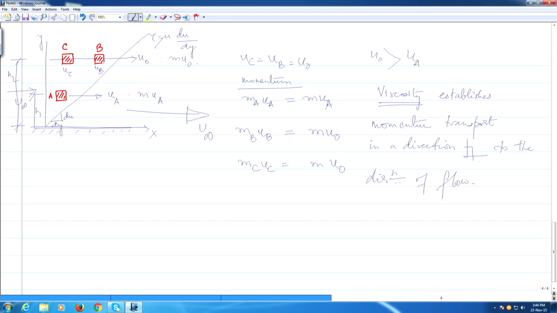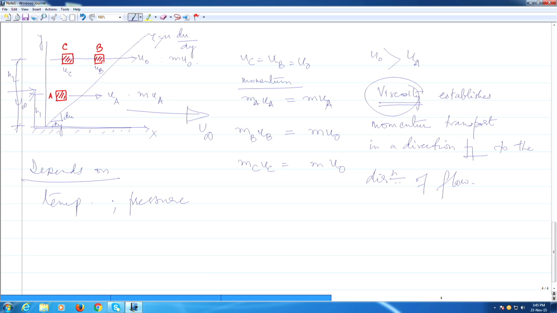Therefore viscosity is also called a transport property of the fluid. It is a physical property of the fluid, and it depends on both temperature and pressure.